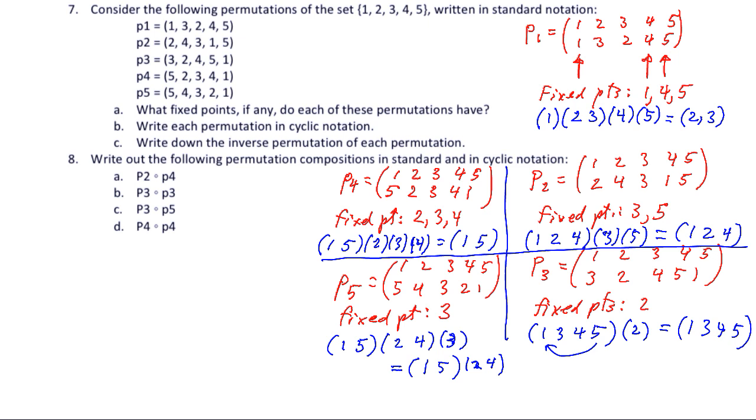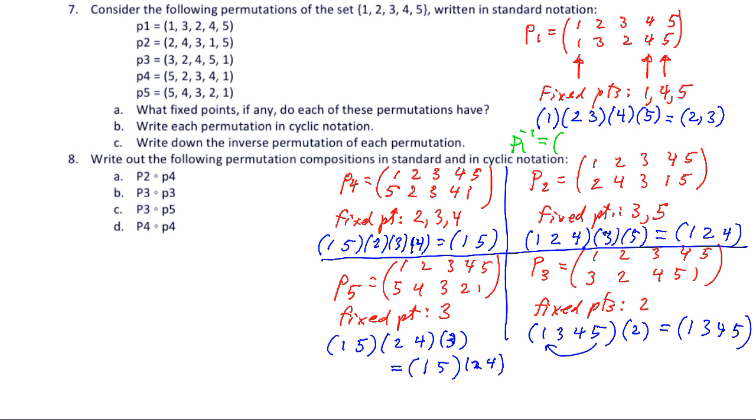Finally, we want to write the inverse of each permutation, and I will do that in green. I guess I didn't quite leave myself enough room for permutations 2 and 4 to have inverses. For permutation number 1, I'm going to write the inverse in standard notation, so a single row.